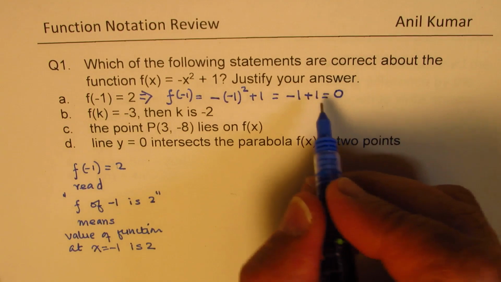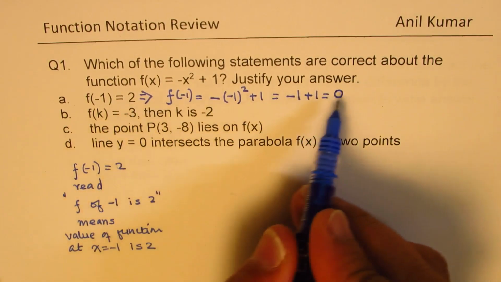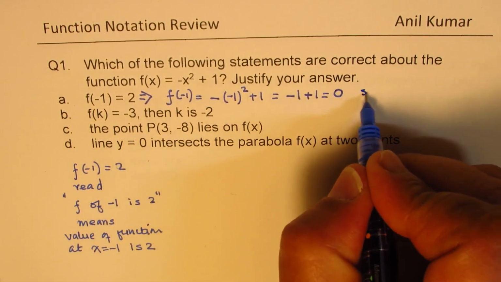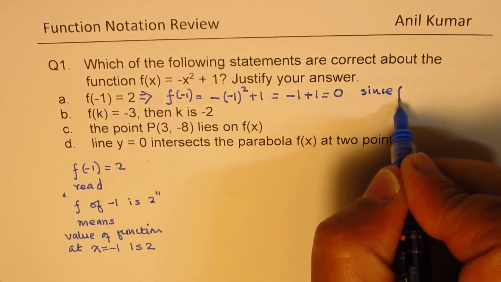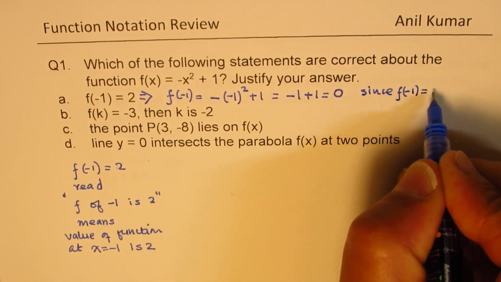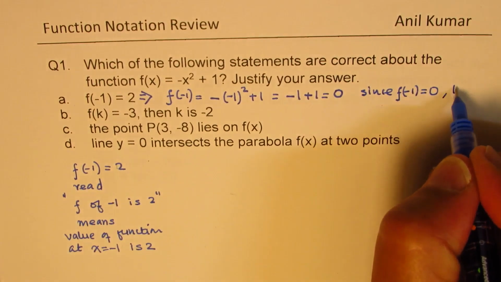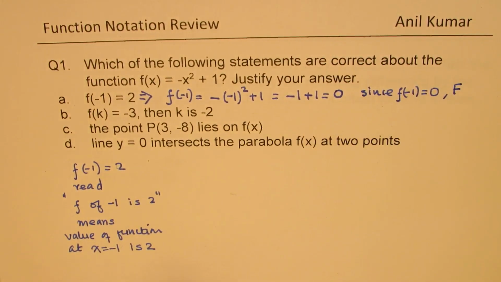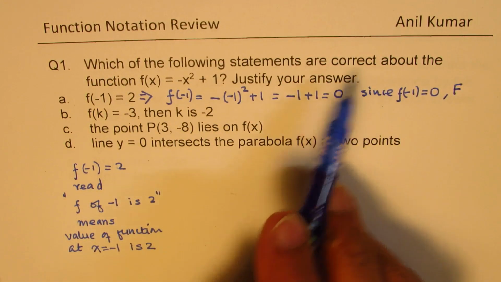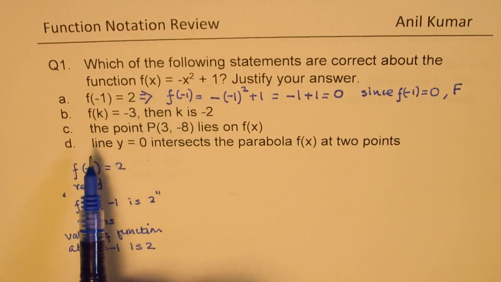So this statement is not 2, but 0. So since f of minus 1 equals 0, this is false. Which of the following statements are correct?